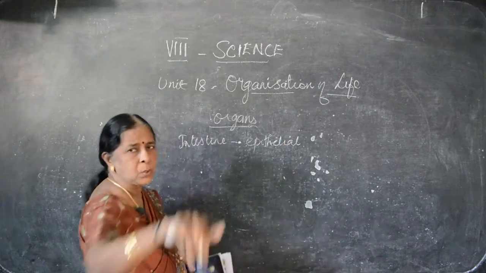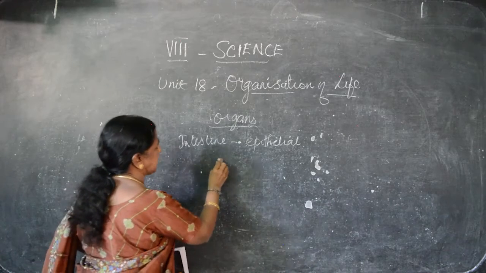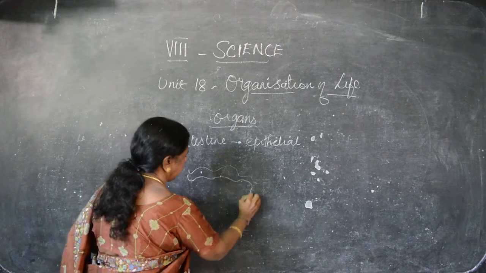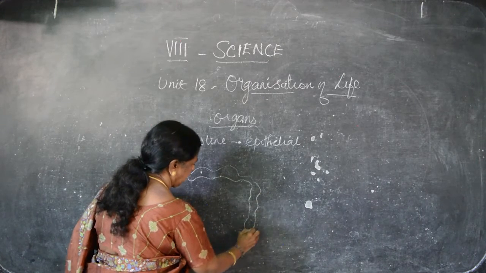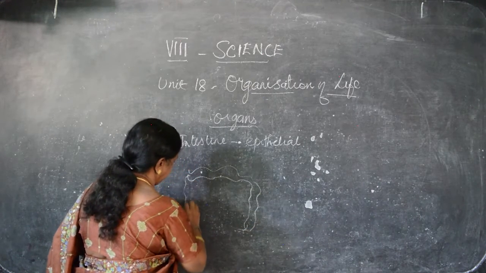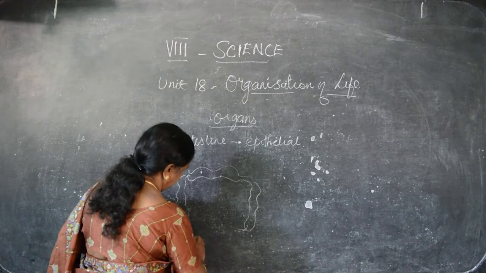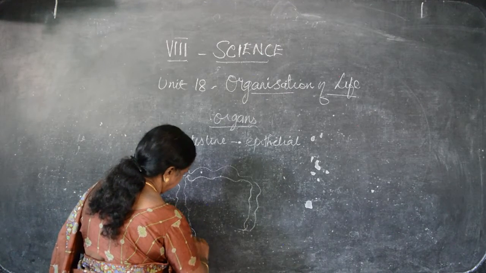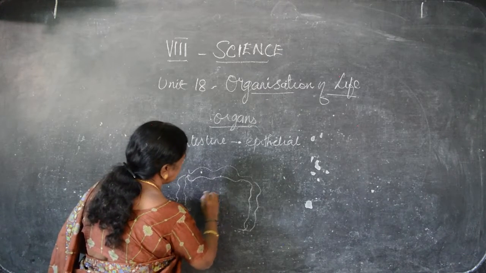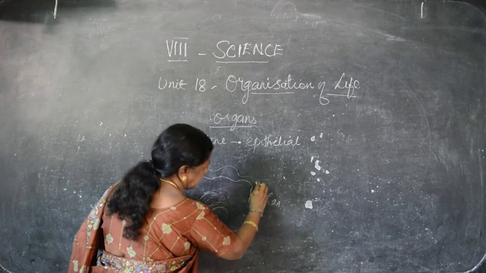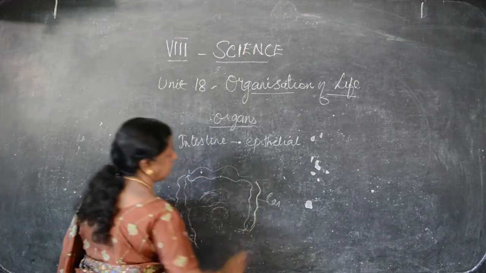Epithelial tissue is the outside lining. For example, intestines like this. Suppose this is like that. Here, the smaller intestine. This is the larger intestine. This outside thing, that is known as what? Lining.